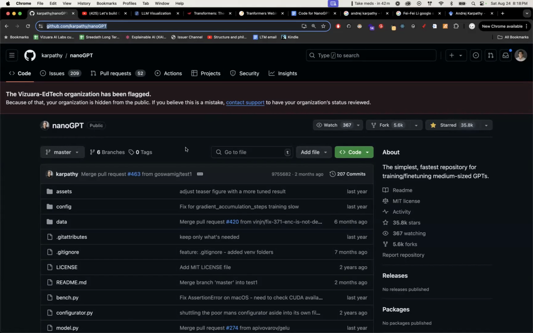This has a huge number of stars. So what we can do is fork this repository so that you can have a copy of this repo yourself, and then you can work on top of it. I have created a copy of this on my own computer, and in that we will use that particular code to train a Nano GPT ourselves.